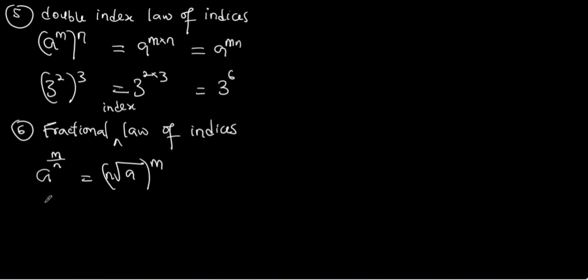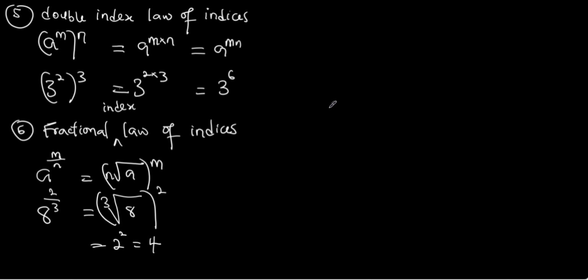So, for example, I have 8 raised to the power 2 over 3. It means that I find the cube root of 8 because the denominator is 3. Now, raised to the power of the numerator, which is 2. Now, the cube root of 8 is 2. Raised to power 2, that is 4.